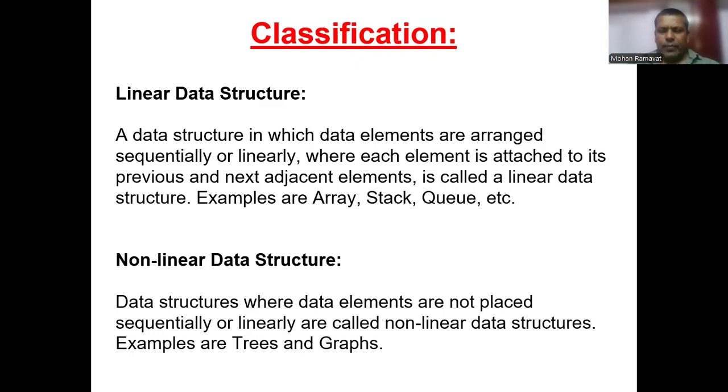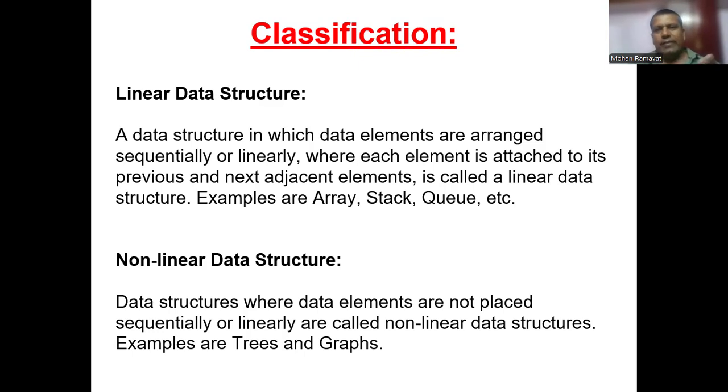There are various examples. Here the elements or items are arranged next to each other, that is, adjacent to each other. For example, consider an array of integers or numbers.